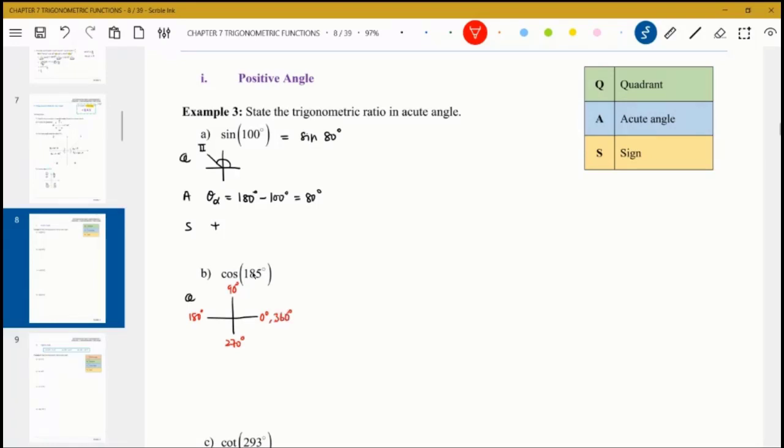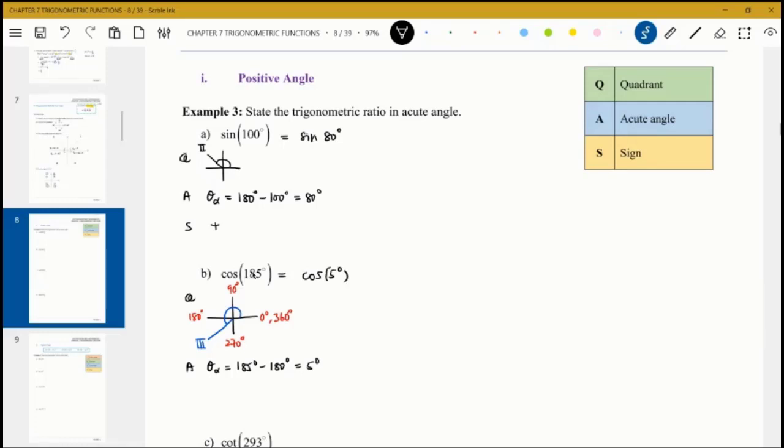So 185 dekat mana? Tiga. Kuadran yang ketiga. It lies here. Okay, so kuadran ketiga kita tahu formula untuk dapatkan acute angle adalah theta alpha sama dengan given angle 185 minus 180. So kita akan dapat 5 degree. Okay, so dekat sini kita boleh terus tukar the cos 5 degree.